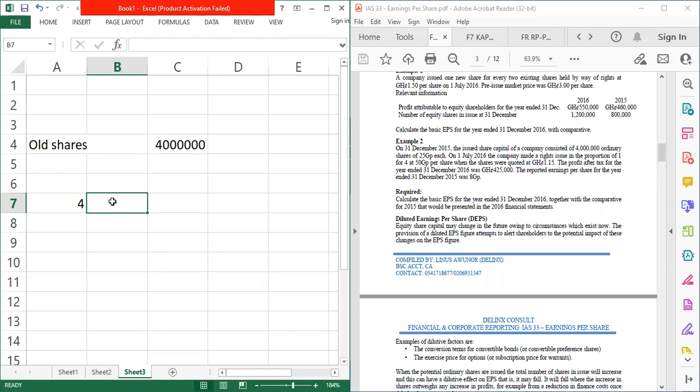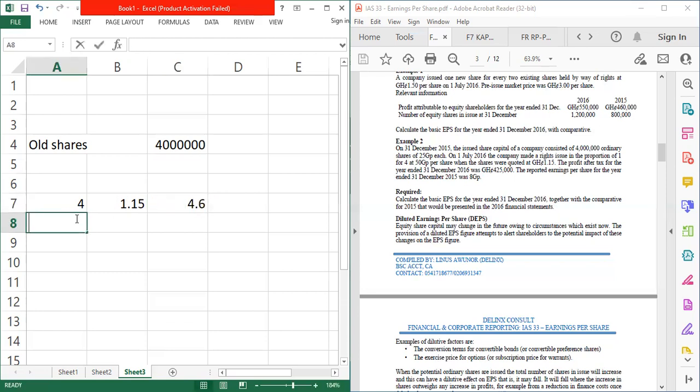We are giving them 1 at 50 and then 4 at 1.15. Exactly. So the 4 are trading at 1.15. Let's multiply. You get 4.6.